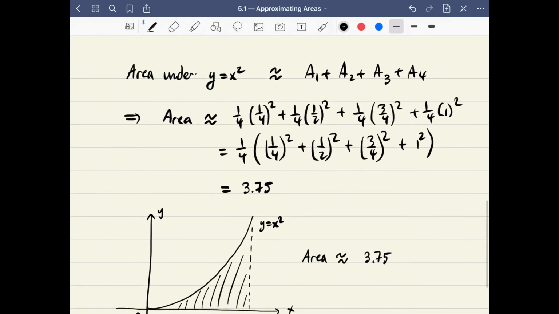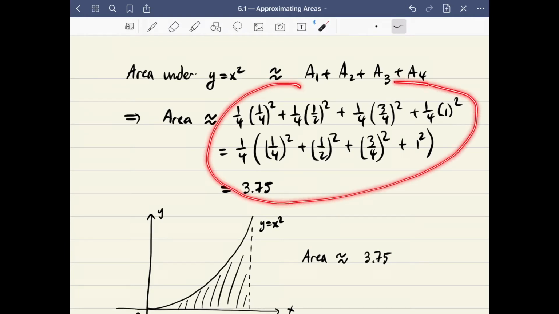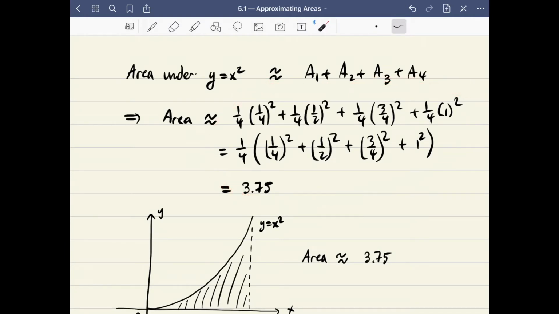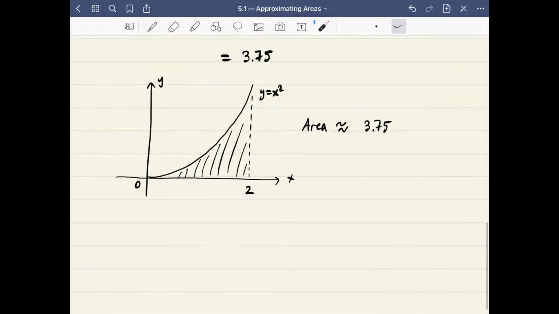Now this calculation right here is also called R4 because we use right endpoints and 4 rectangles.